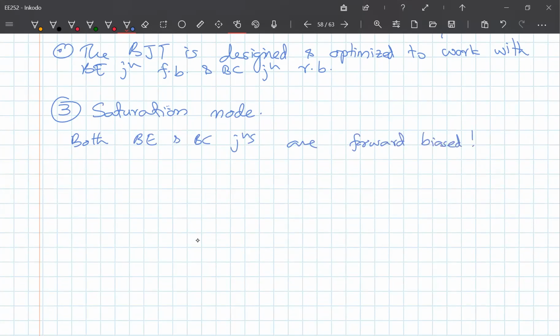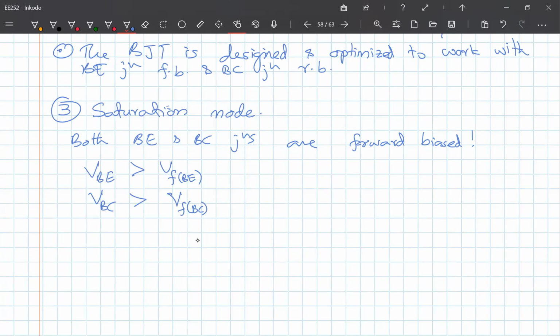So VBE is greater than V forward of the base emitter junction, and VBC is also greater than VFBC. Now you will see that these forward voltages are not the same.